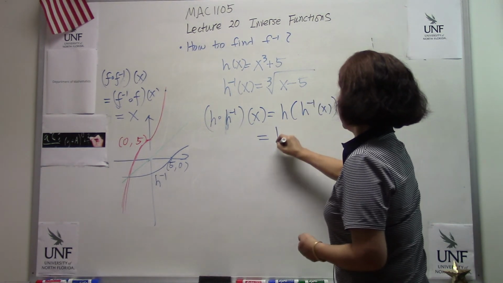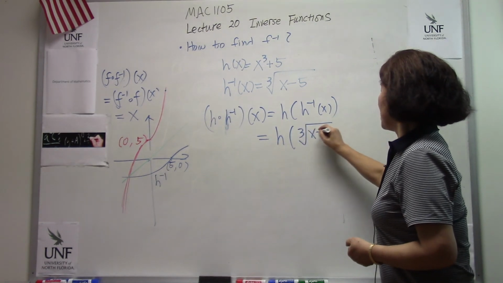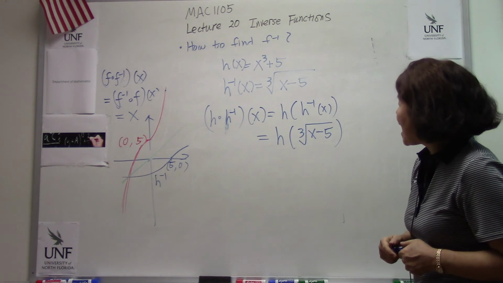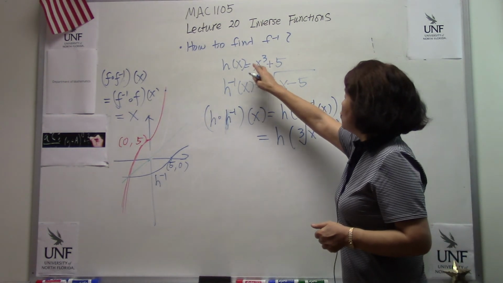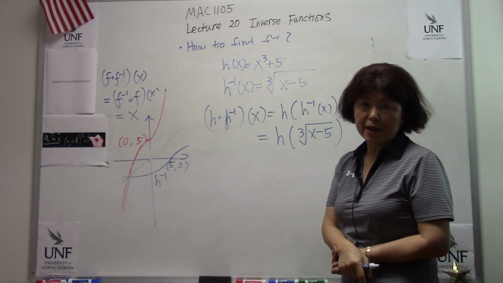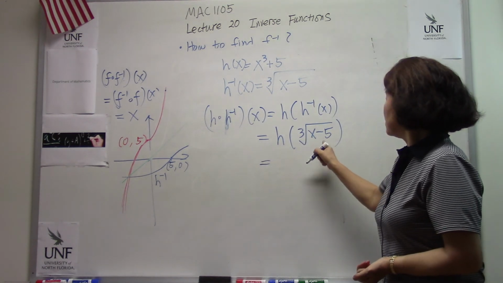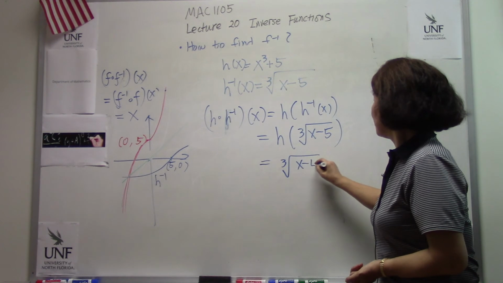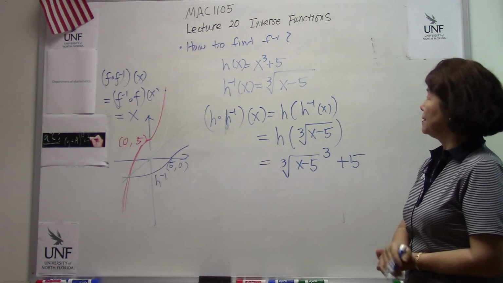So what does that mean? h inverse is cube root of x minus 5. What does h do? h cubes the input and then adds 5. Is that right? So the input is this, cube root of x minus 5, which will be cubed and then add 5.